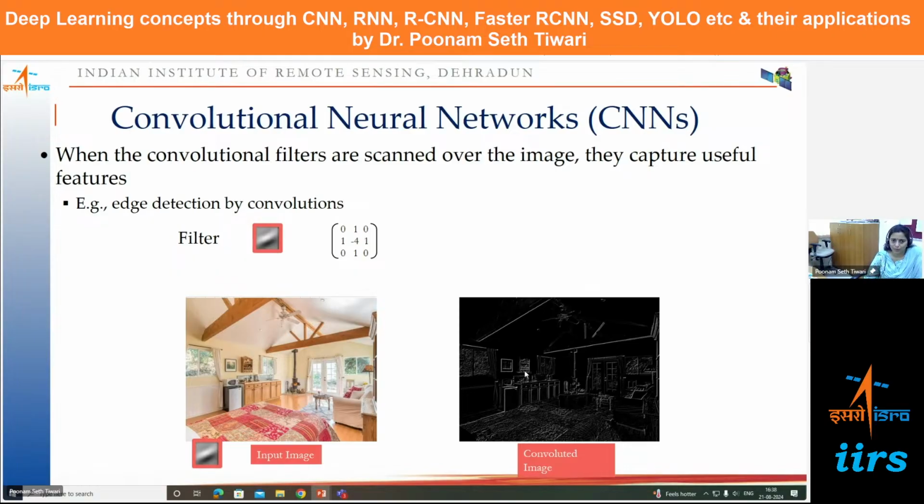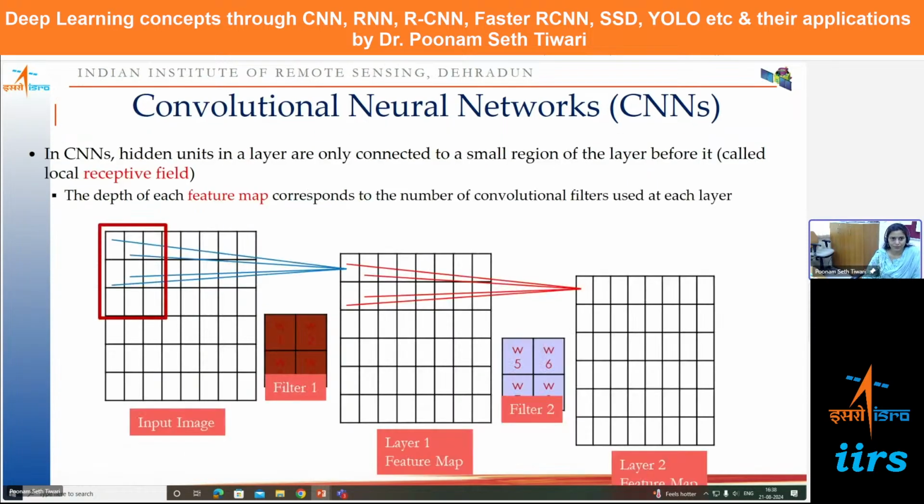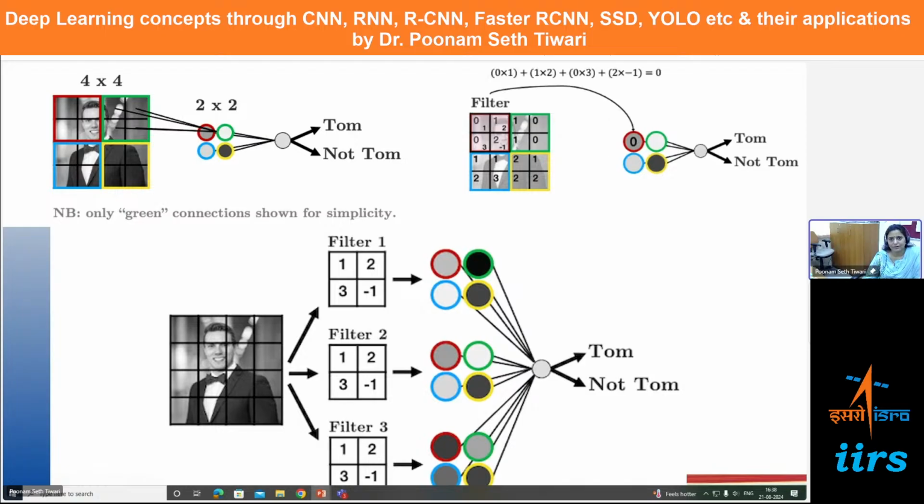Instead of using only one filter, we can have multiple filters so that multiple types of information are extracted from my data. Whatever the number of filters we are using, my image will have that many sets of parameters. Instead of having only one, we can use the other filter also. So here again, it is using the filter.